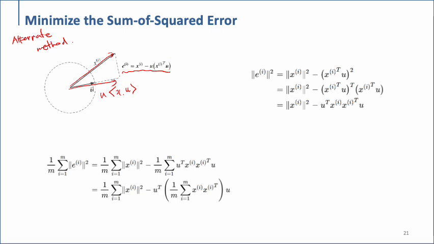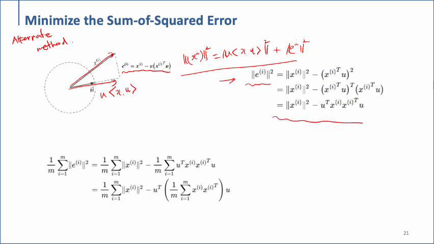And here, by using this equation, x_i squared is equal to u transpose x_i squared plus e_i squared. So by rewriting this equation, we can define the squared error like this.